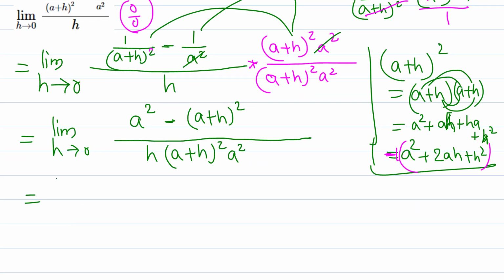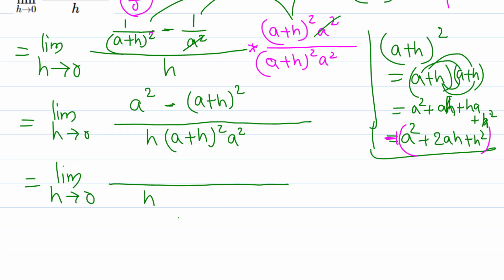So this is the limit as h goes to 0. There is no issue on the bottom: h times (a plus h) squared, a squared. On the top we got a squared here. Now this is negative 1 times this product, so I'm going to multiply here.